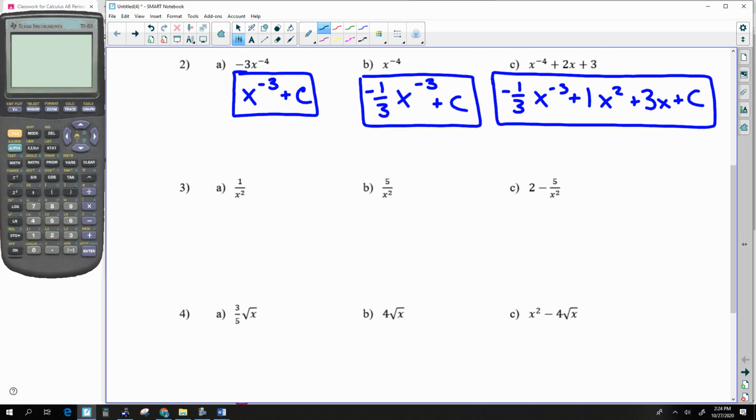Okay, in these problems, it's probably in your best interest to rewrite them a little bit. That allows you to work with the exponents a little bit easier, and then you can fix it at the very end.